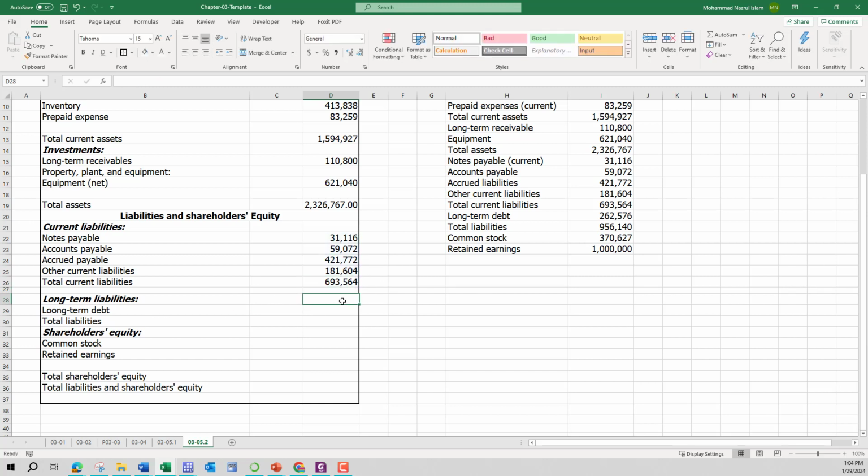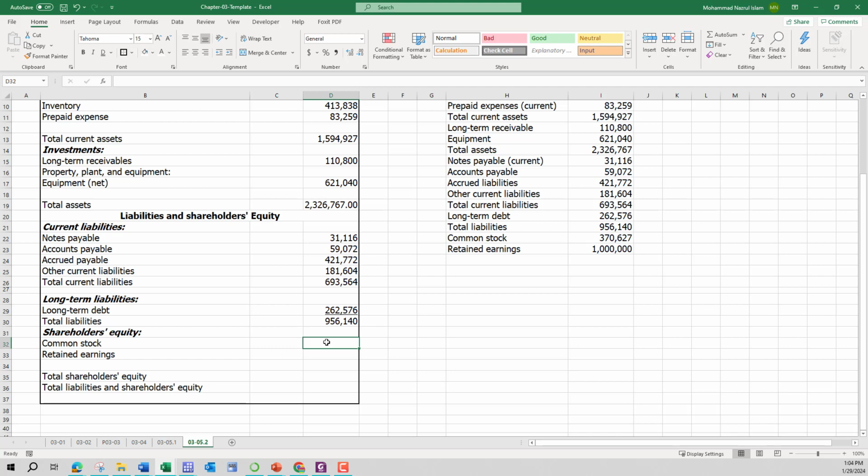Now long-term debt is this one, and our total liabilities would be the sum of current and long-term. So this is our total liabilities.